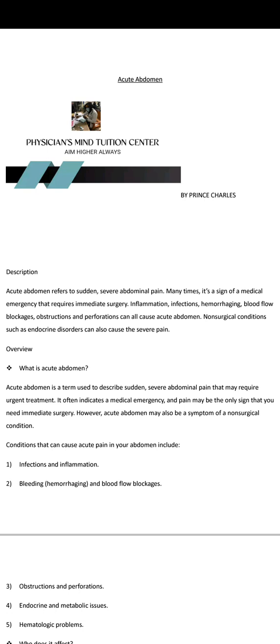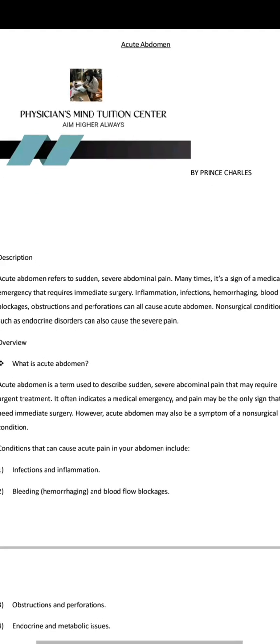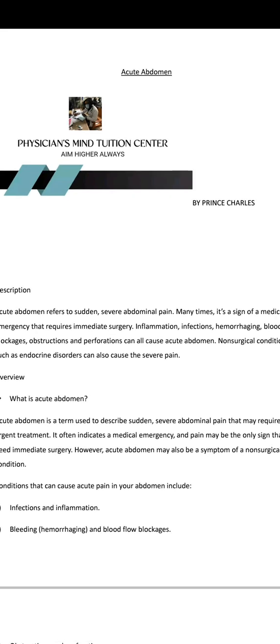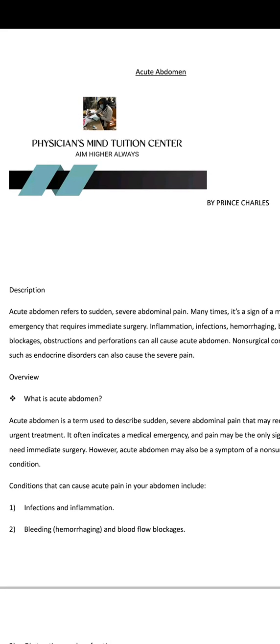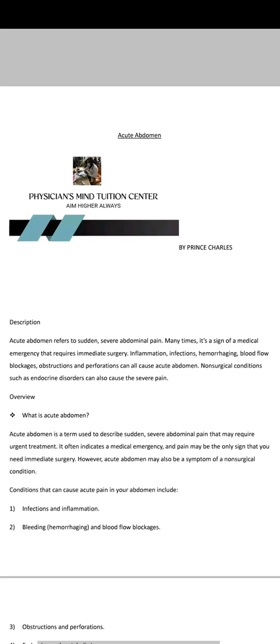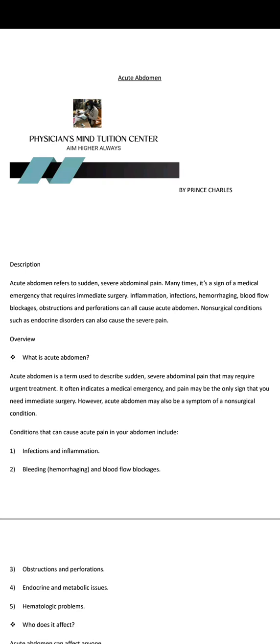So the topic for today is the acute abdomen. What I always do is make sure I tell you what the topic is all about. The topic on your screen is acute abdomen. We know the abdomen is a region of the body.